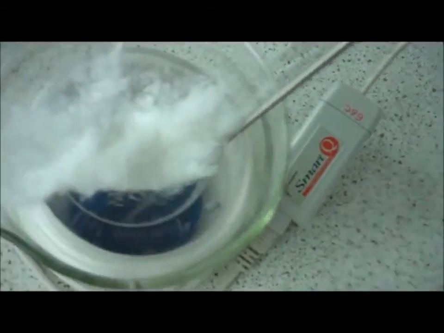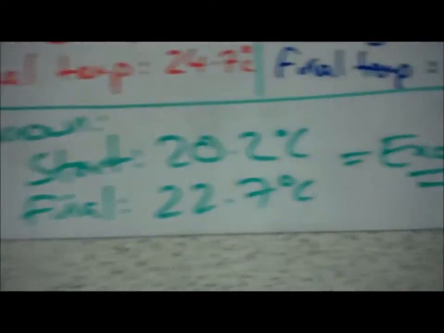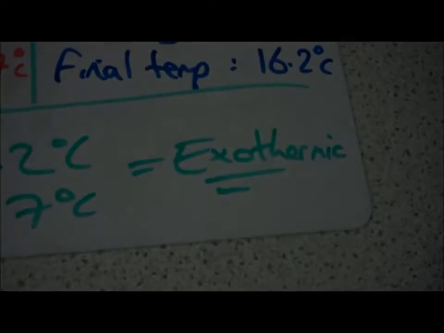Put the lid on, add a bit more cotton wool over the top just to prevent heat loss, and then have a look at what happens to the temperature. So what type of reaction is this? Endothermic or exothermic? The answer you should have got is exothermic.